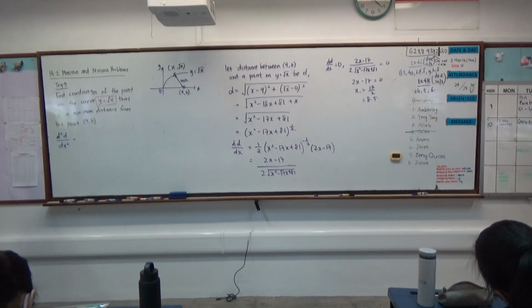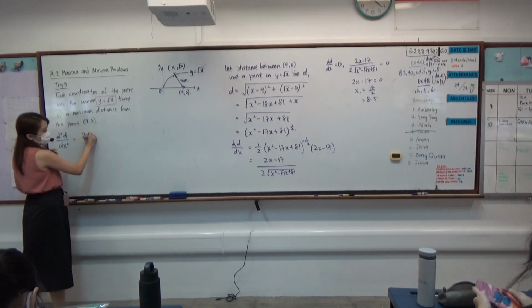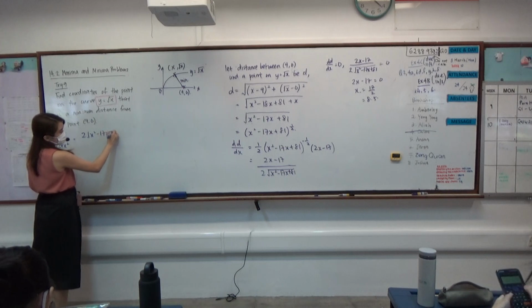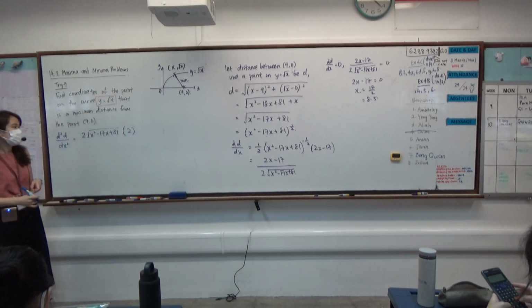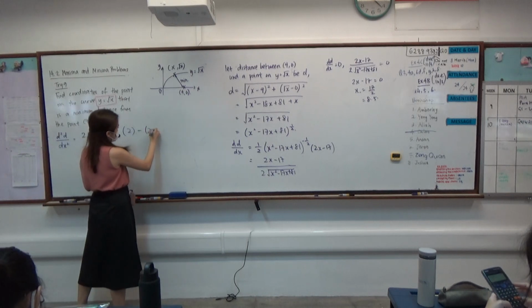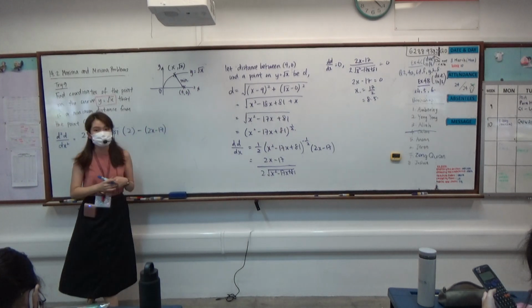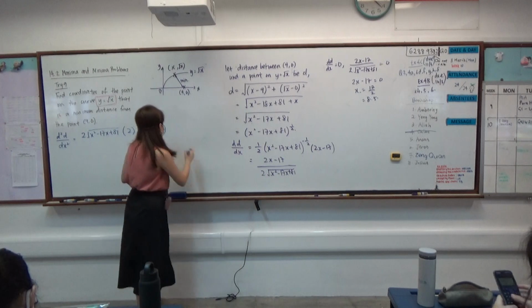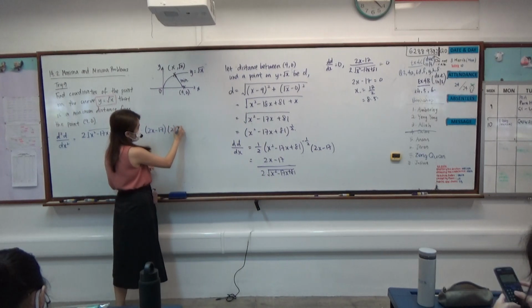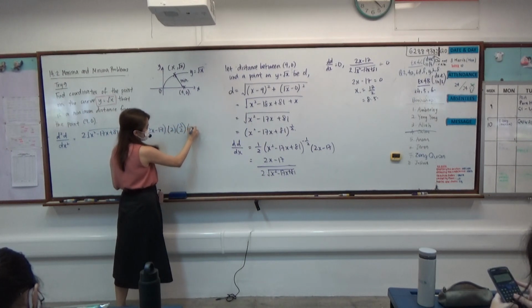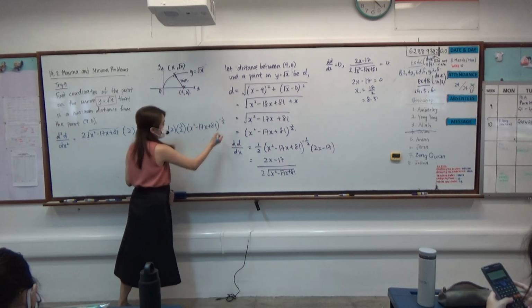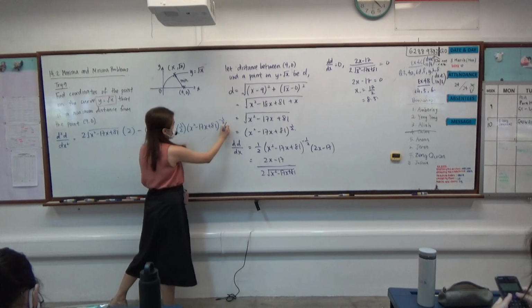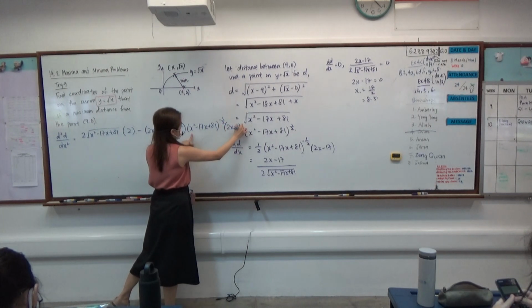I keep the bottom, differentiate the top, I have a 2, minus away, I keep the top, differentiate the bottom, so I will have a 2, bring down power half, x squared minus 17x plus 81, power minus 1, differentiate the inside.